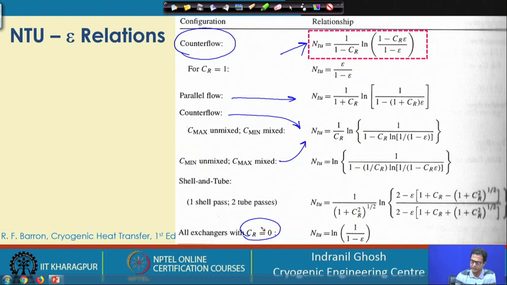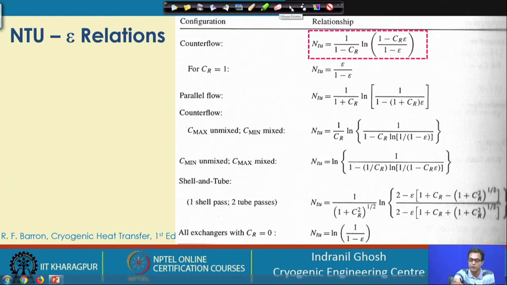In that case, we will have a simple relation, NTU equals ln 1 by 1 minus epsilon. Depending on our situation, we may know the epsilon, and in that case we can find out the NTU from this relation.